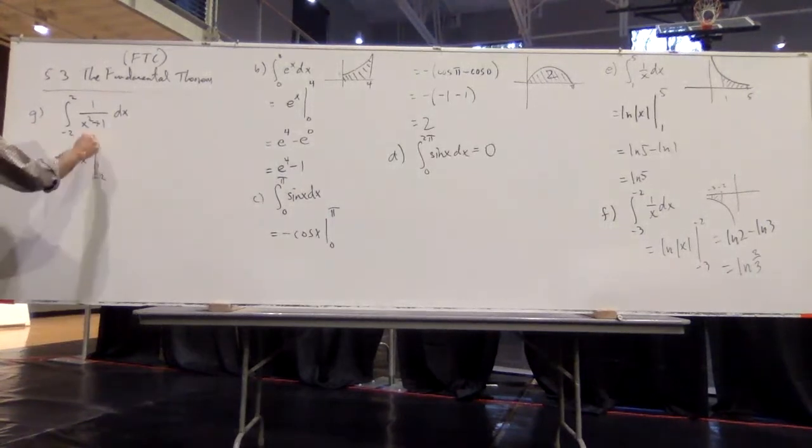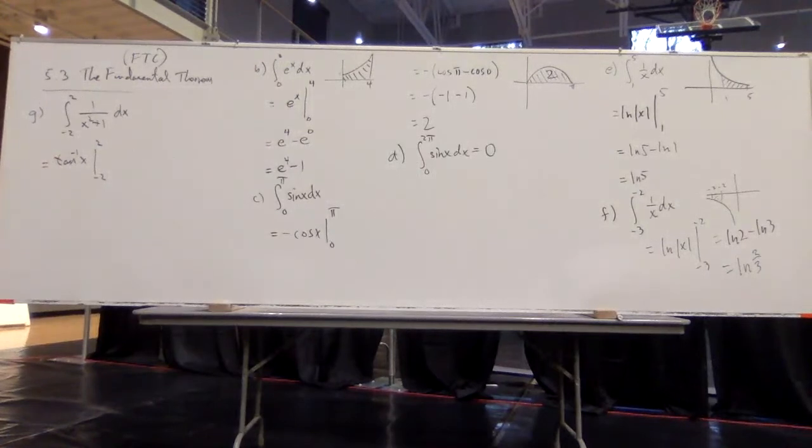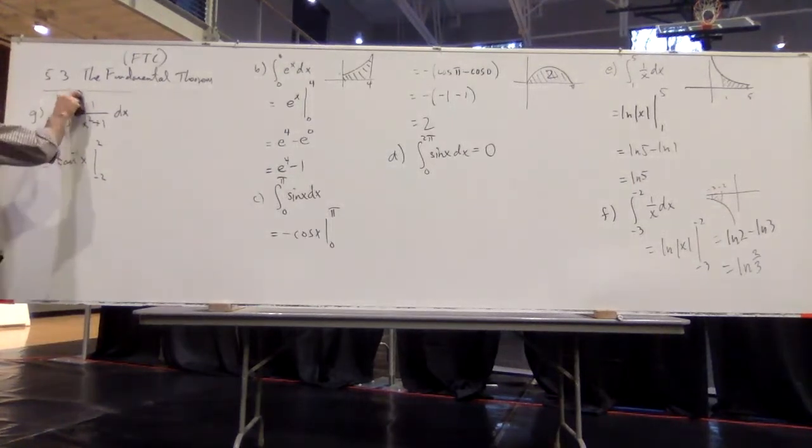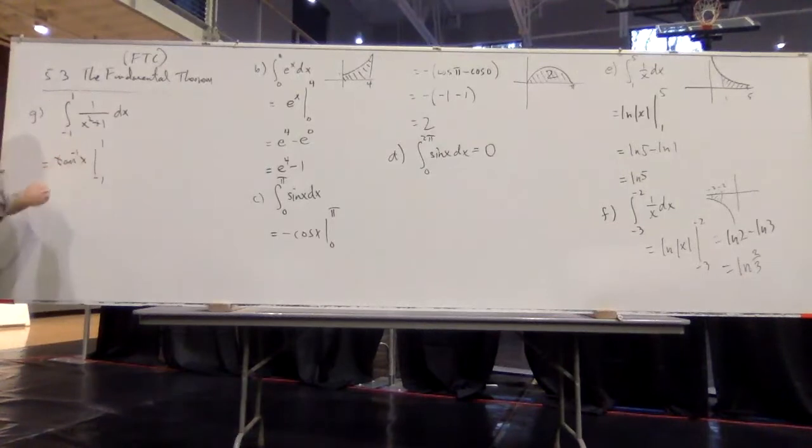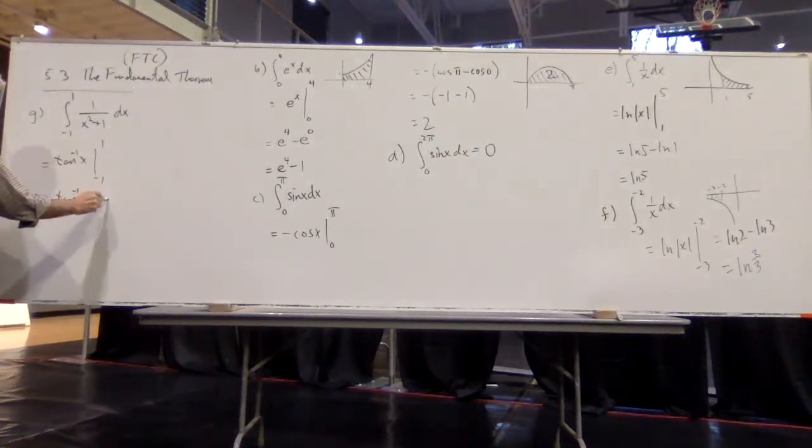Evaluated from -2 to 2. I'm going to evaluate this 2 ways. First, brute force, straightforward, and then we'll talk about it a little bit and realize savings. Can I change this from -1 to 1 just because we can get a better answer? Of course I can, I'm the teacher. Inverse tangent of 1 minus the inverse tangent of -1.